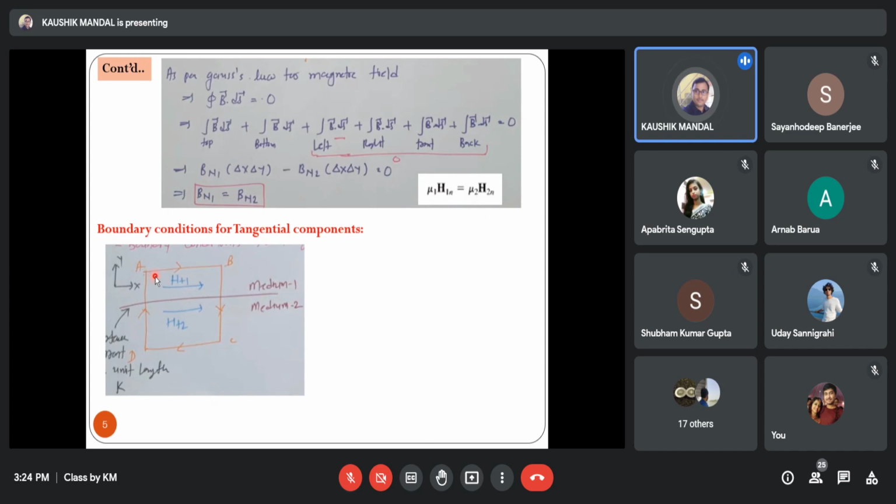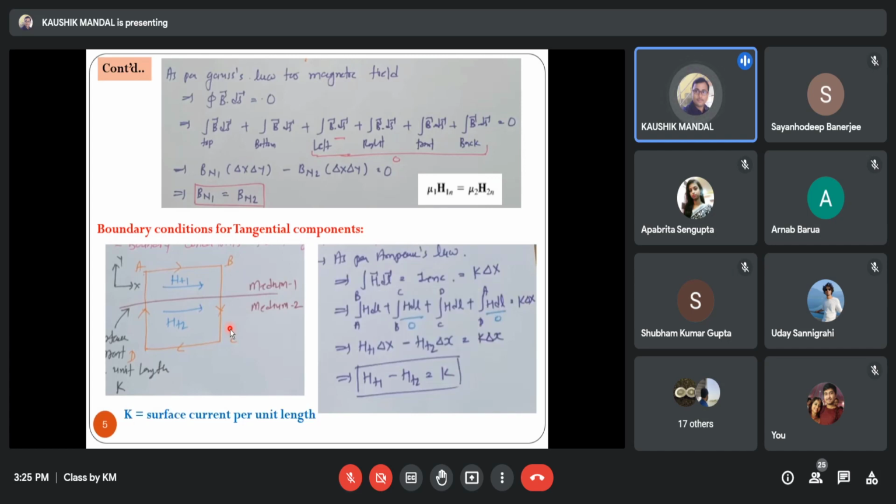Instead of a surface, now we are considering a closed loop. In the previous case, we considered the closed surface, that's why we applied Gauss's law. But now we are considering the closed loop. So which particular law do we have to apply to find the relation between the tangential components?